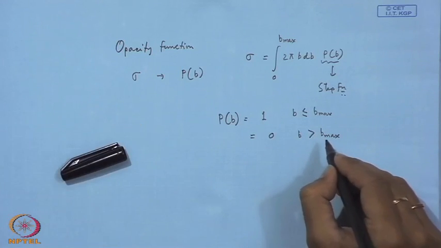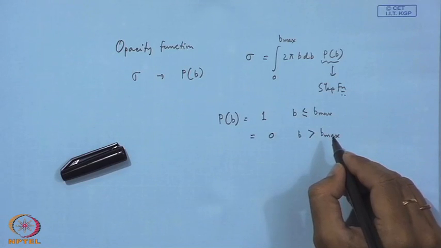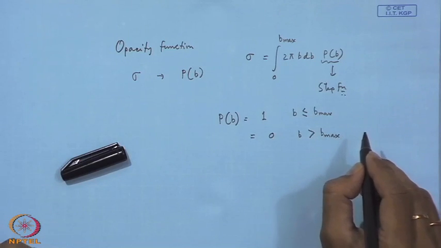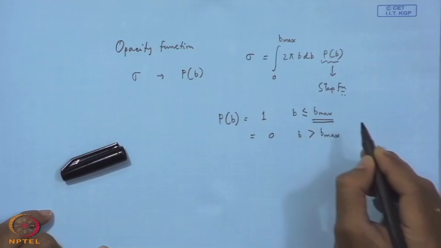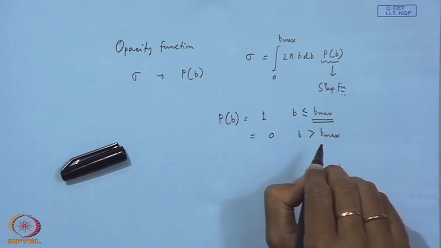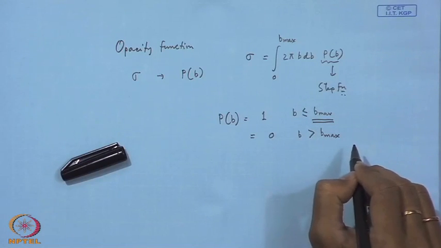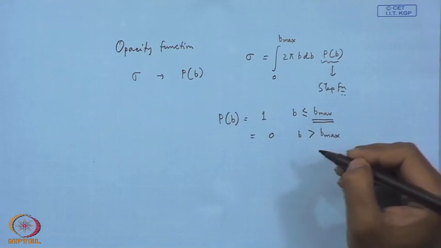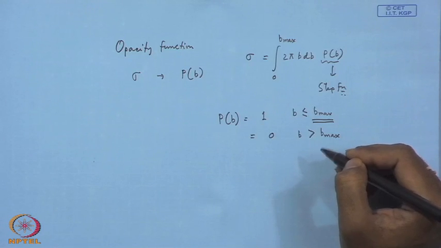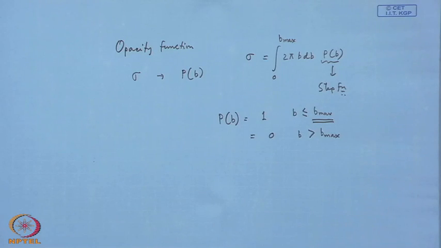So, this will be just like a step function, that it remains flat for a certain range, and then it becomes 0. This is the cutoff value. If B is a little more than B max, it will give you 0. So, it has to be within B max, then it will be 1. B max is the highest B with which the reaction can occur, and beyond that it will be 0.